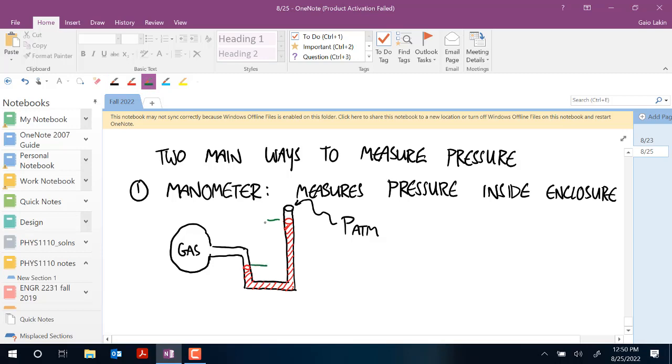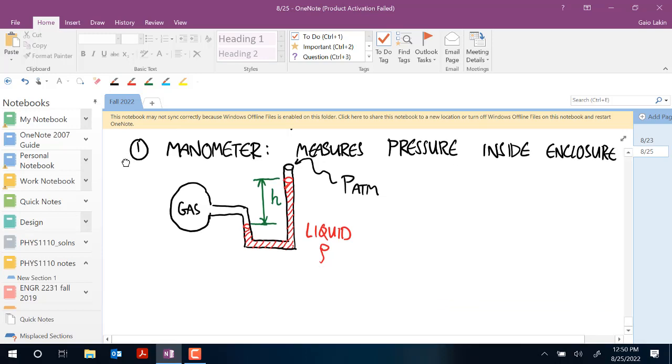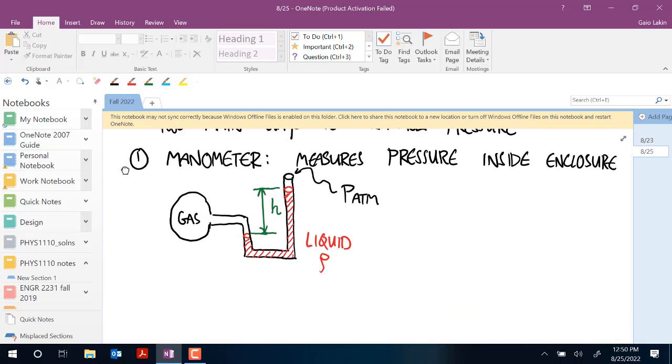This distance is h. The red is a liquid with density rho. And we're trying to figure out the pressure P of this gas in this enclosure.